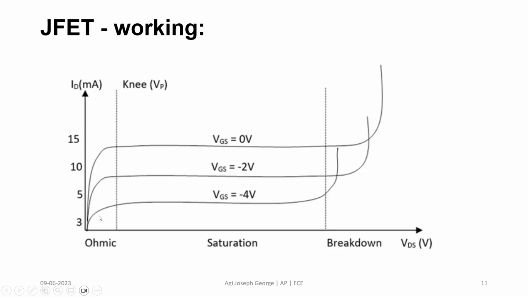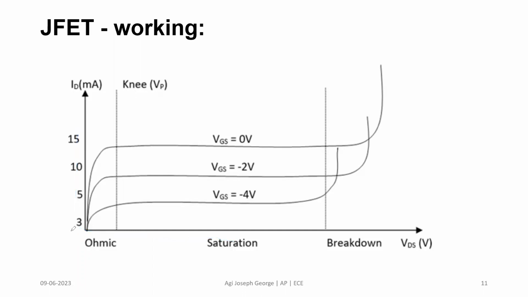Let us say your gate source voltage is 0. When the gate source voltage is 0, where there is no gate source voltage applied, we have seen that you have maximum current flowing through. Initially, when you are increasing the drain source voltage, this x-axis is the drain source voltage and this is the drain current.